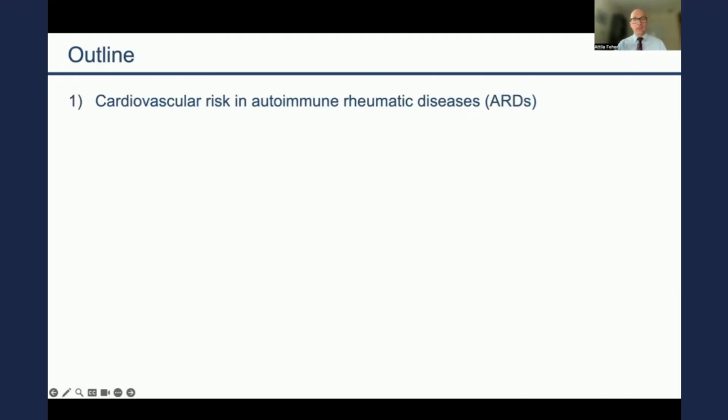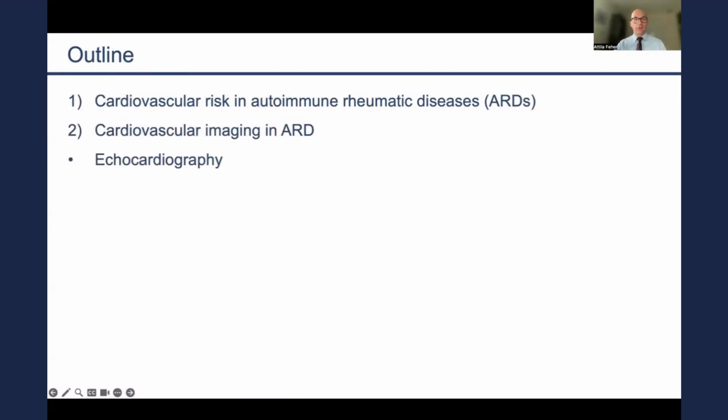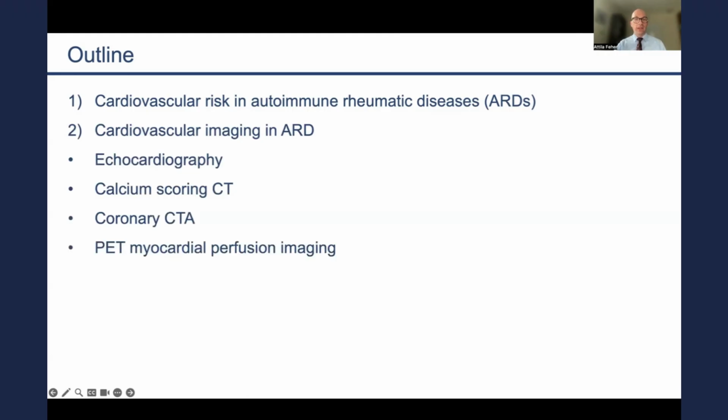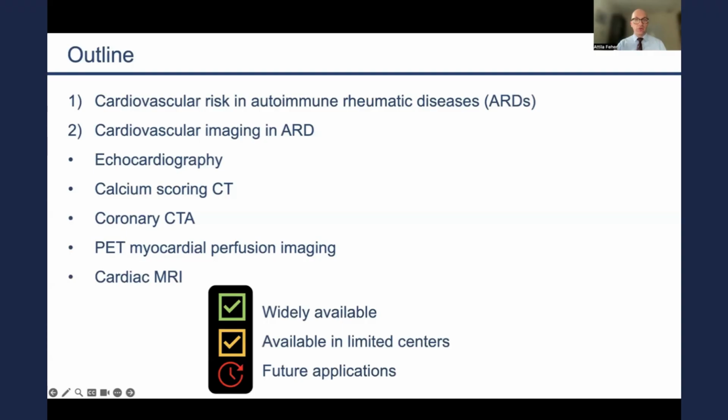So, the outline of my talk: first, I will talk about the cardiovascular risk in autoimmune rheumatic diseases. I will talk about cardiovascular imaging, including briefly mentioned echocardiography, calcium scoring CT, coronary CTA, PET myocardial perfusion imaging, and cardiac MRI, as I mentioned briefly.